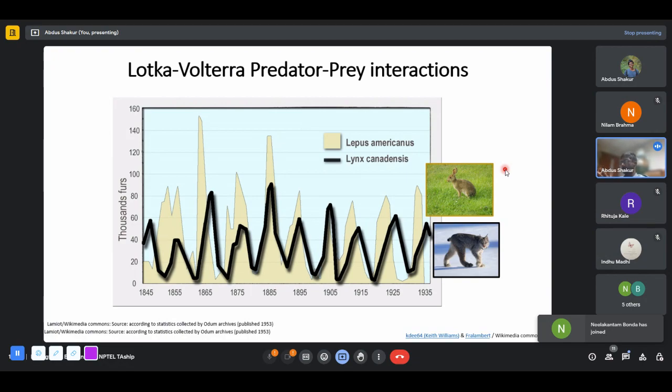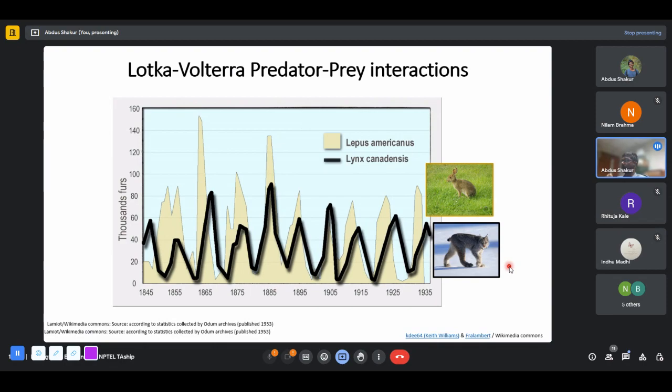For instance, it can be two different species of rabbit present in the same area, or it can be a rabbit and a predator. Here in this case, it's a woolly hare. Sorry, it's a hare and a lynx.